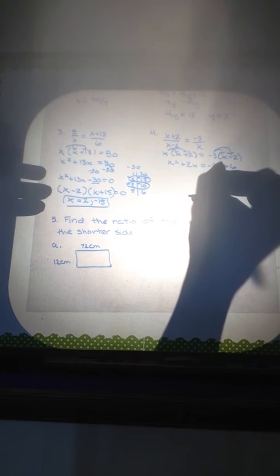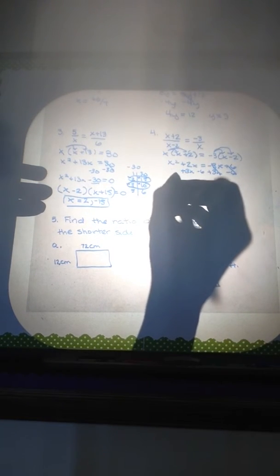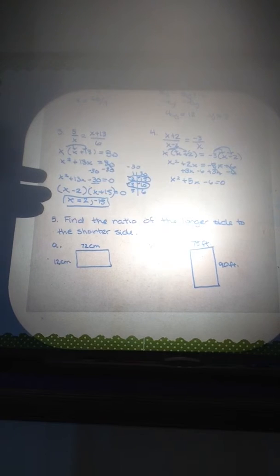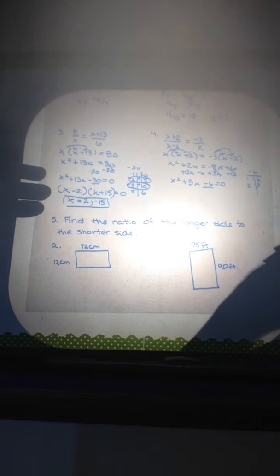Now I treat this the same as the other one. I want to get it equal to 0. So I do plus 3x minus 6 to both sides. And I get x squared plus 5x minus 6 equals 0. And again, I look at my end term, which is negative 6, and I write it off to the side, and I write my factors. 1 and 6, and 2 and 3.